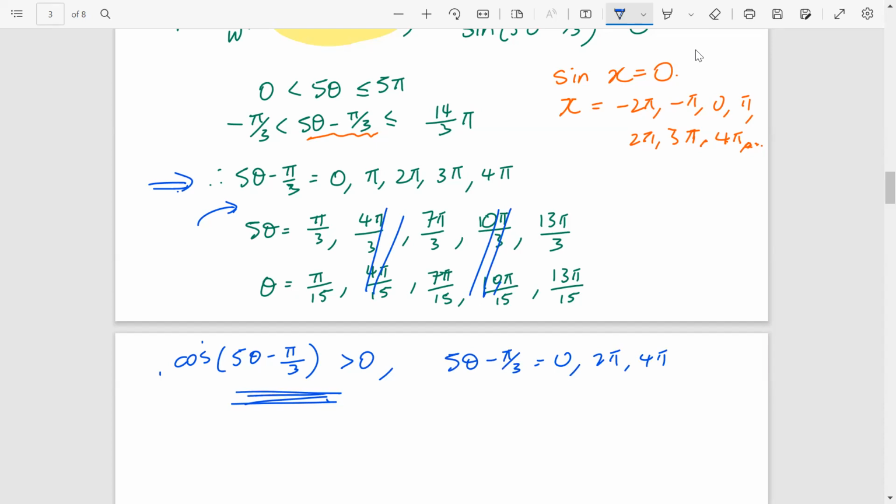The values alternate: 1, minus 1, 1, minus 1, 1. When sine is 0, cosine will be either 1 or minus 1. So your θ answer will just be pi over 15, 7 pi over 15, and 13 pi over 15.